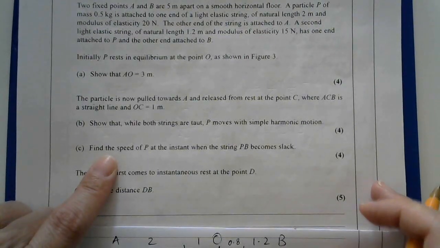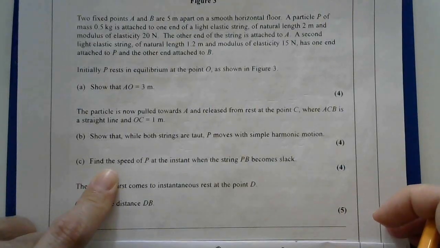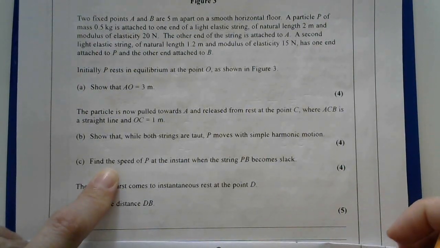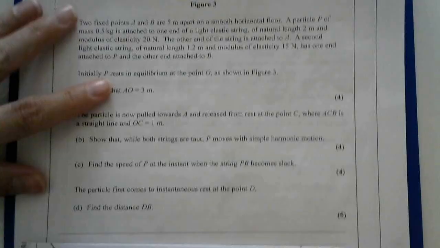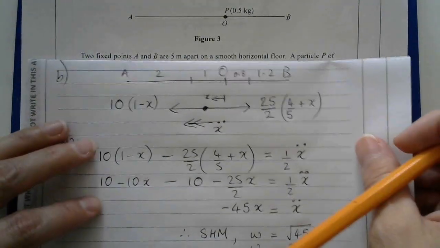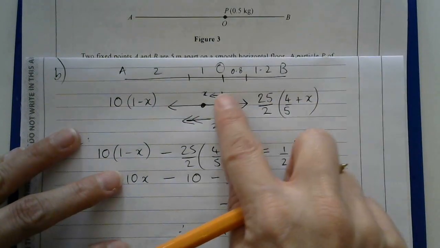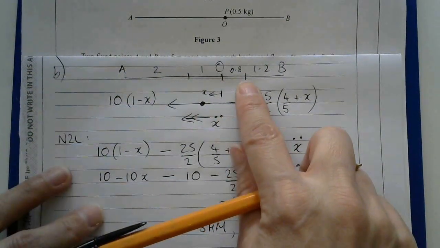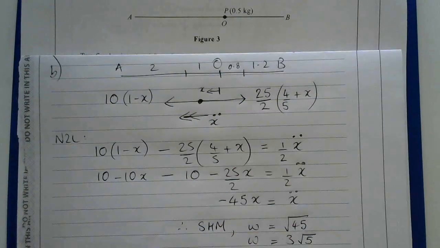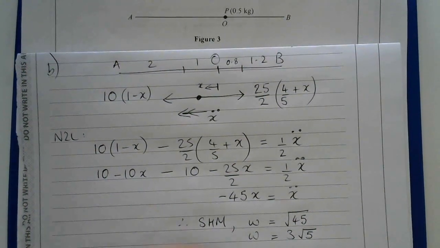Then it says, find the speed of P at the instant when the string PB becomes slack. So PB, this part of the string here, will become slack when x is negative 0.8.